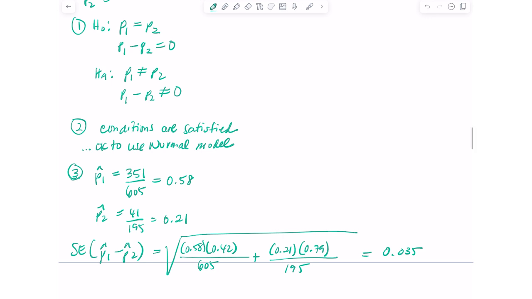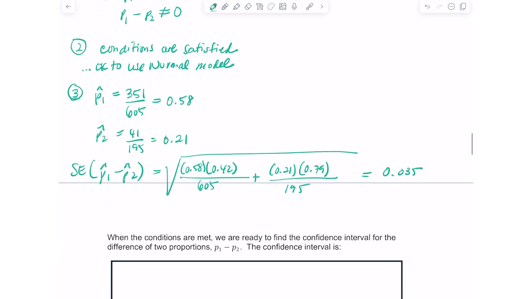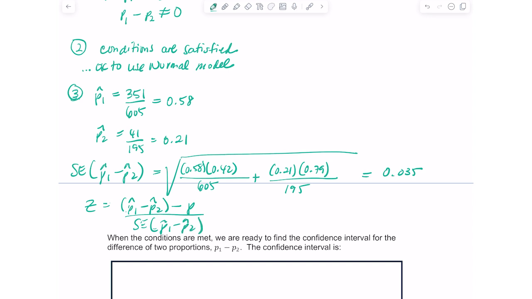So now I want to find z. Remember, z is just the value minus the mean divided by the standard error. So the value would be my p hats minus the mean, divided by the standard error. So p hat 1 minus p hat 2 means I just need to take these and subtract them.